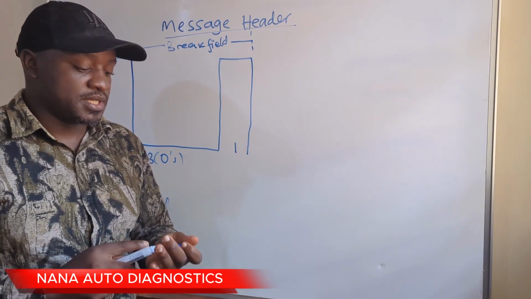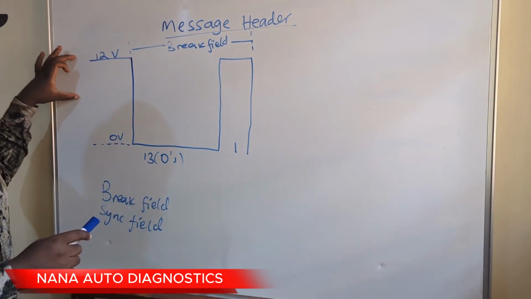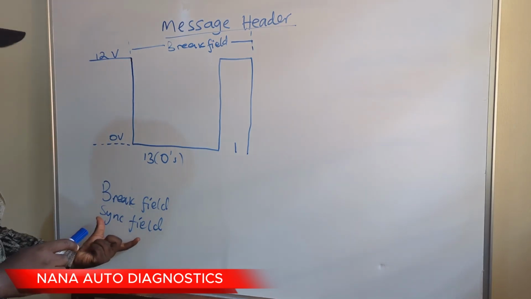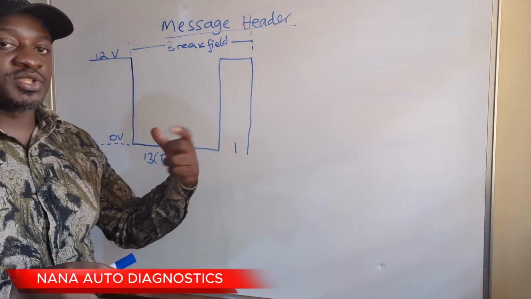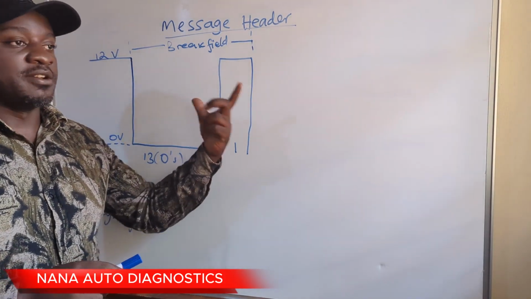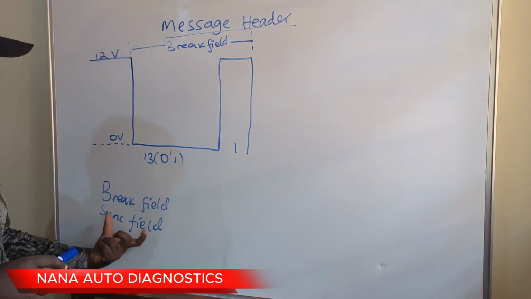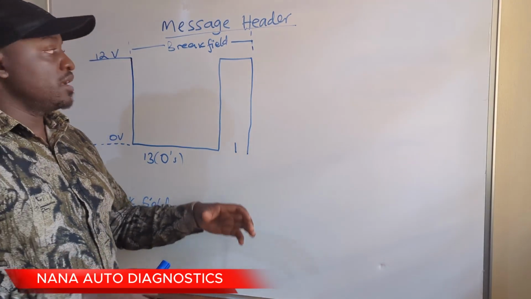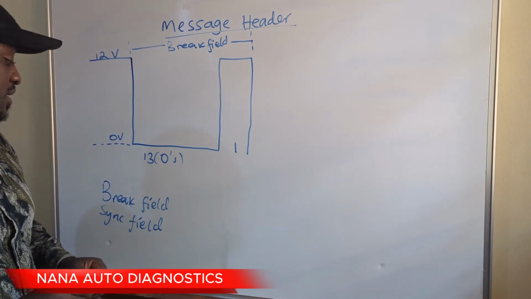So what happens is the master must send this field in order to synchronize its communication with the slave nodes. So this sync field, its main job is to synchronize communication between the master and the slave nodes.